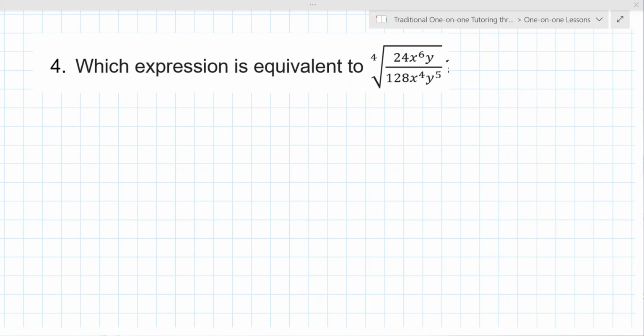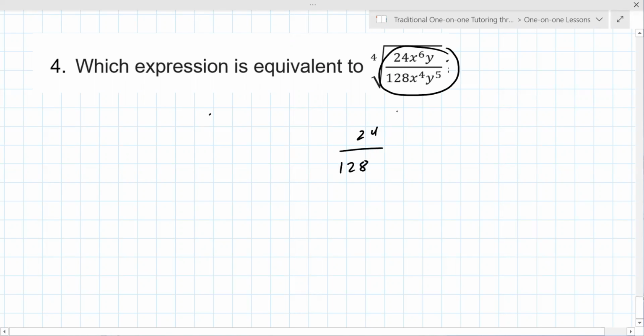Let's just do what's inside the root first. What I mean by that is we're going to reduce 24 over 128.